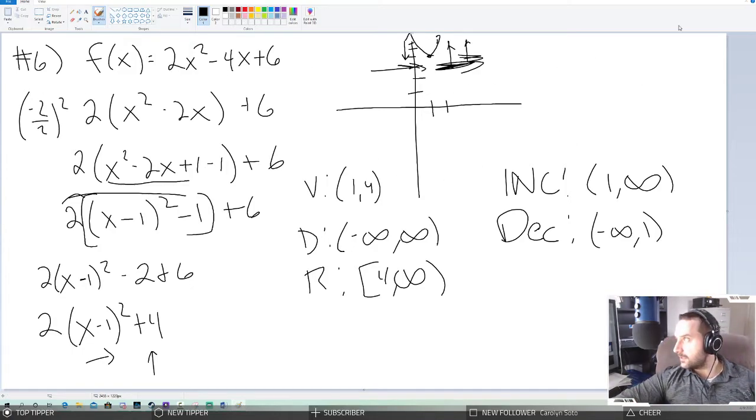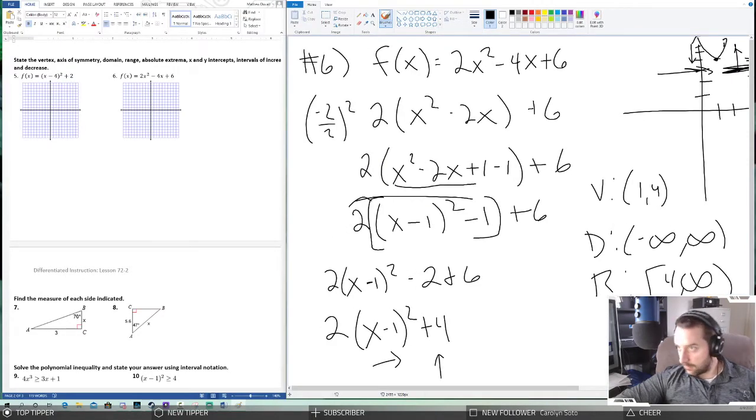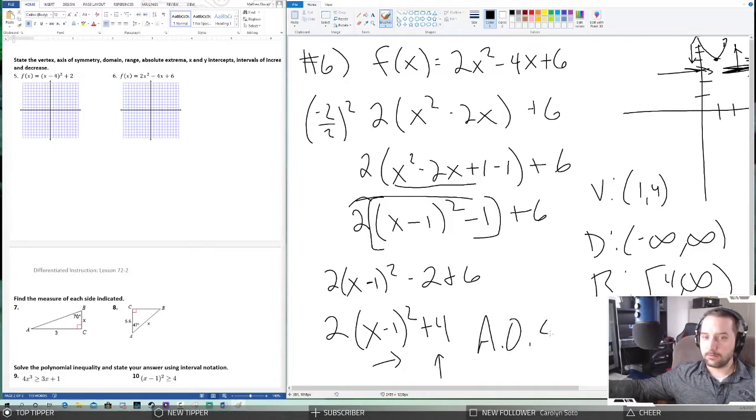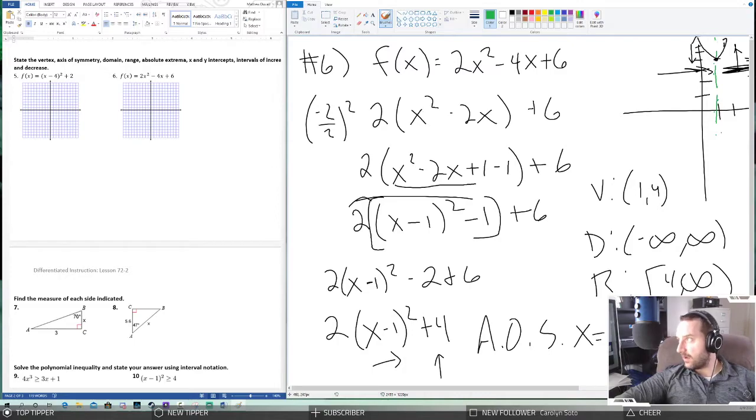Let's see, what else is it asking? Axis of symmetry. The axis of symmetry is the vertex x value, because that's where it makes everything symmetric. And then x and y intercepts.